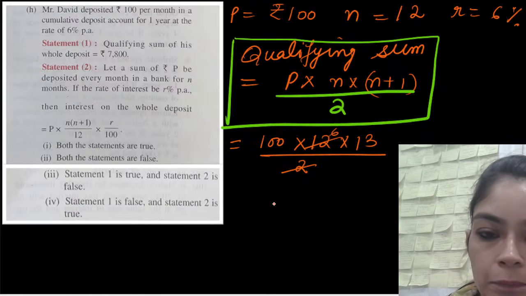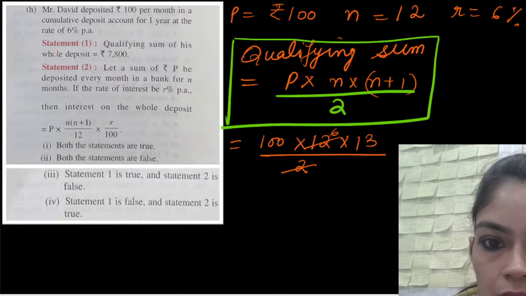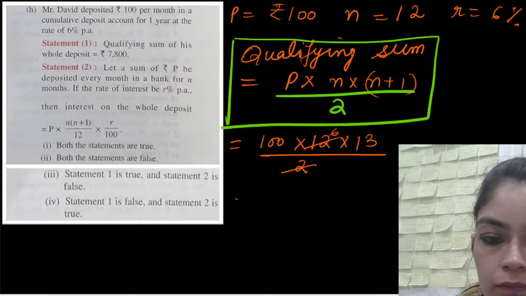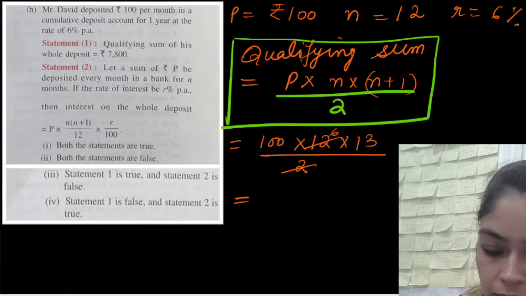So what will we get? 100 into 6 into 13, you can just multiply. 15,600.